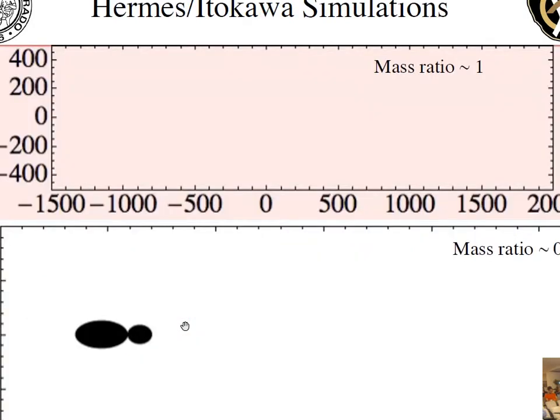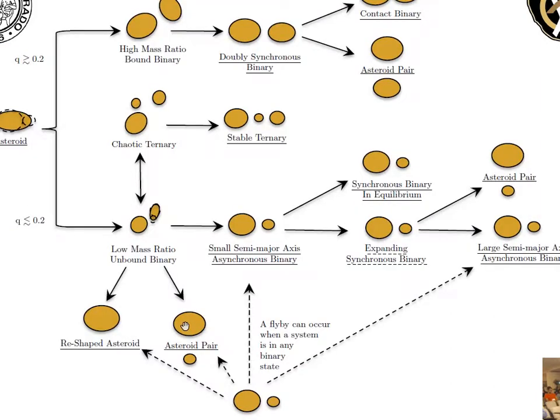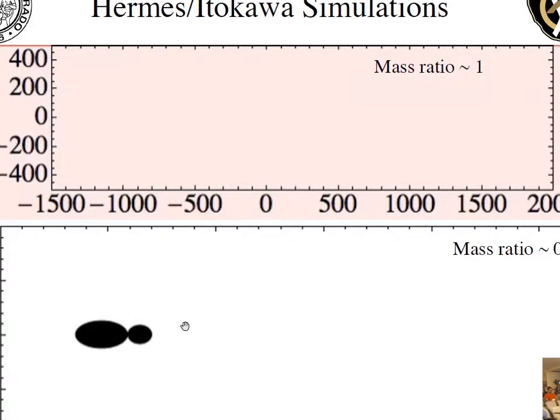Here with the movies, you can contrast Itokawa, which is very close to that zero energy line. So it has a lot more energy in the system, and you can have mutual rotation between both of these bodies. Compare it to something more like Hermes, which has a mass ratio close to 1. These bodies are ellipsoidal, and you can see a bit of their oscillations.